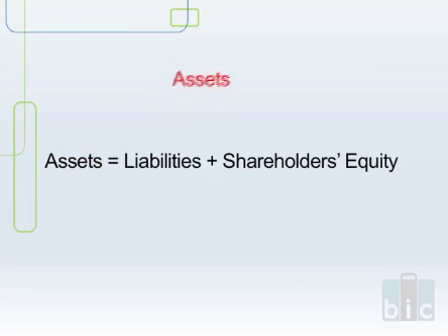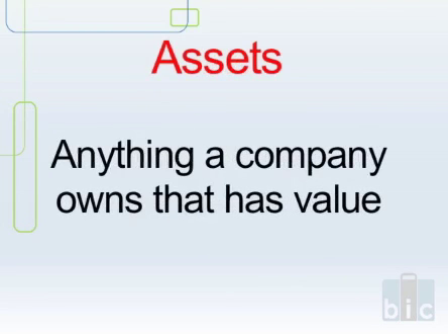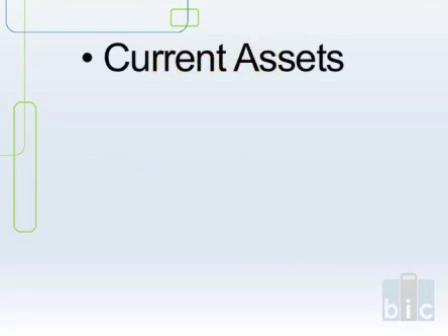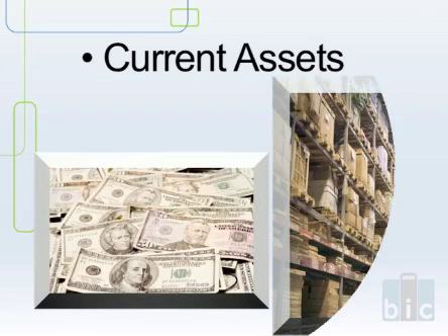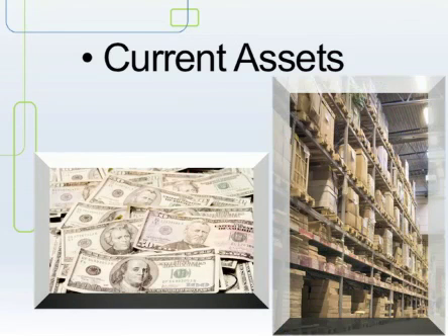Assets are anything a company owns that has value. Assets can be divided into three categories and are generally listed based on how quickly they will be converted into cash. Current assets are things a company expects to convert to cash within 1 year, such as cash, accounts receivable, inventory, and merchandise.